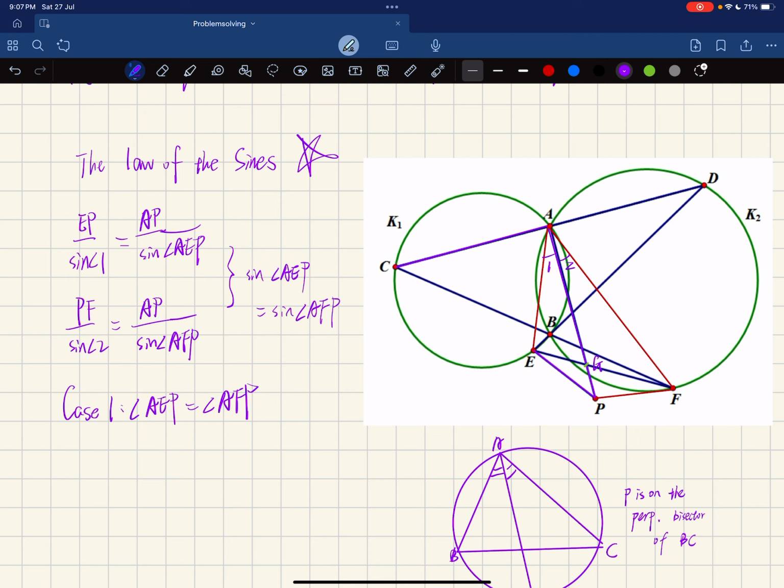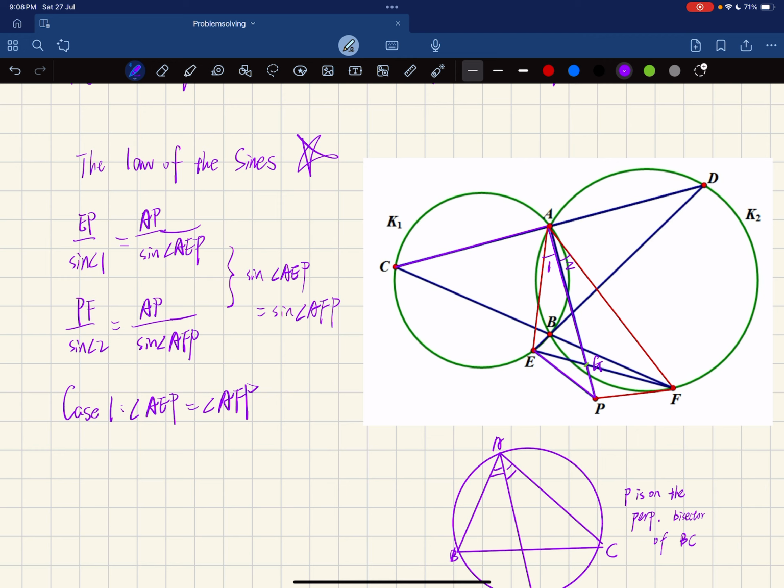Plus angle 1 equals to angle 2, right? Angle 1 equals to angle 2, and we have one shared side, AP. So the triangles AEP and AFP are congruent, right? If we have the two angles AFP and AEP the same, we will have these two congruent triangles.